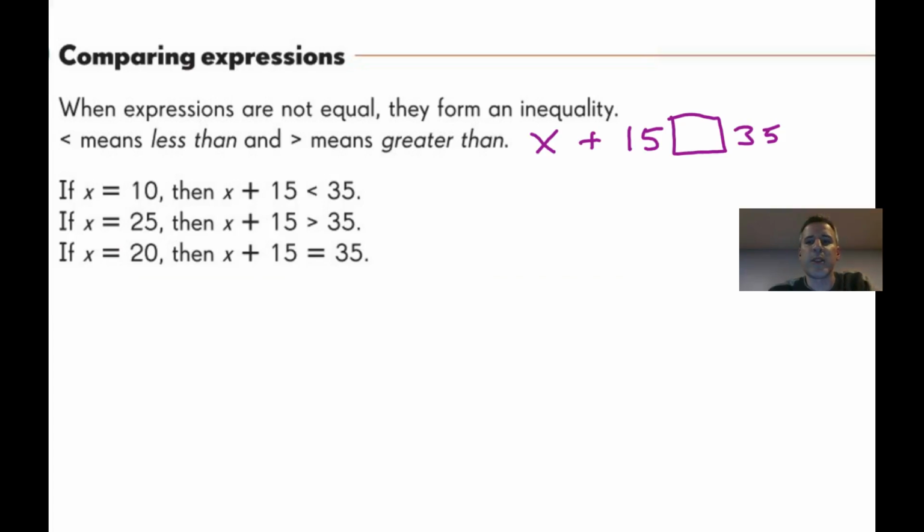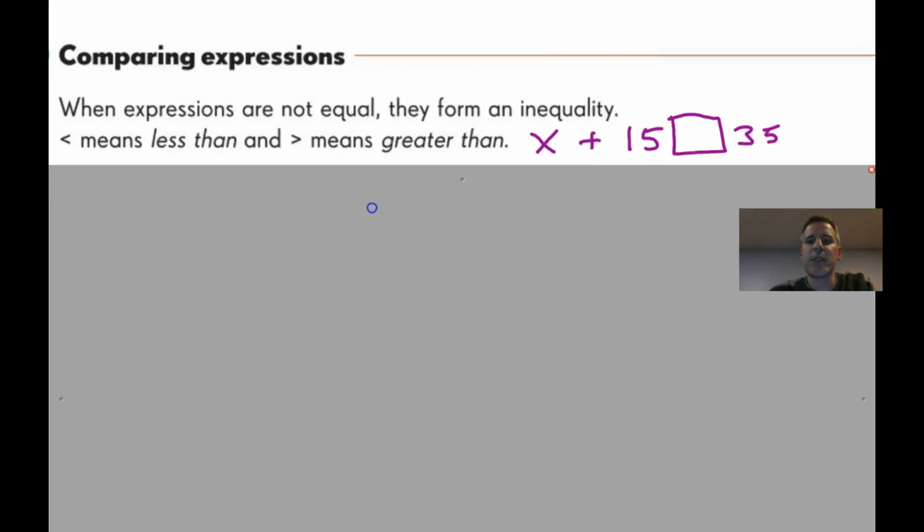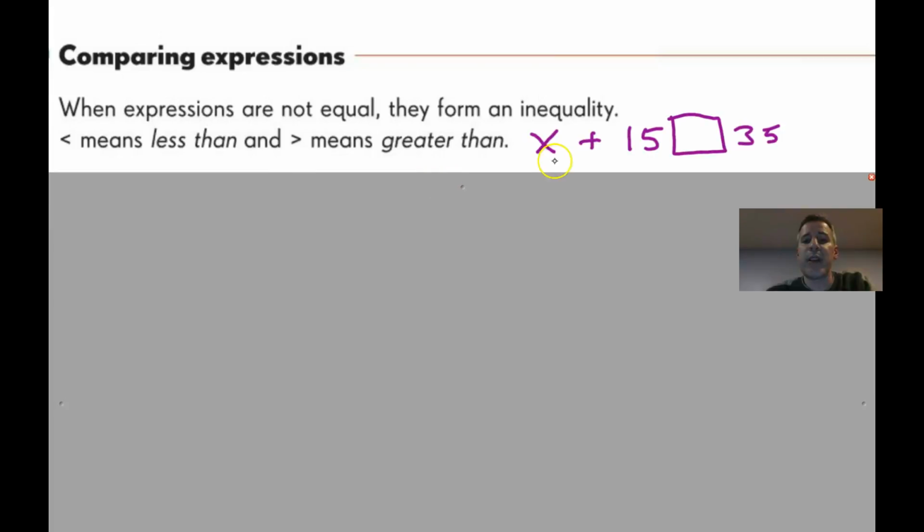Another piece that we're going to explore is this top one here. We did this in a previous chapter: we're looking at an algebraic expression and comparing it to this value over here using inequalities, meaning less than, greater than, and we could even use equal.